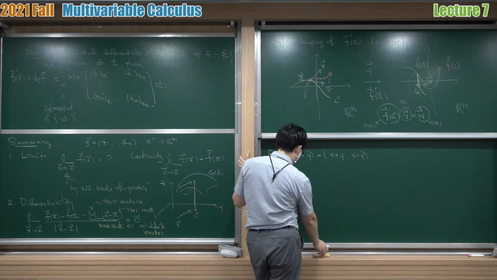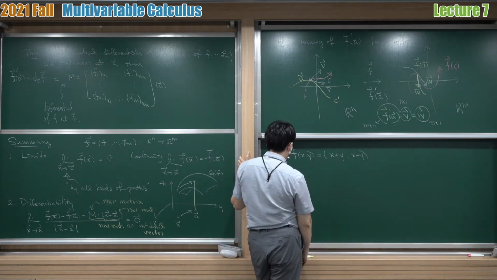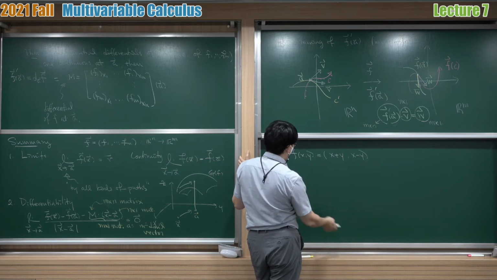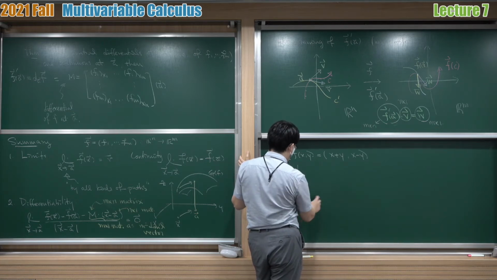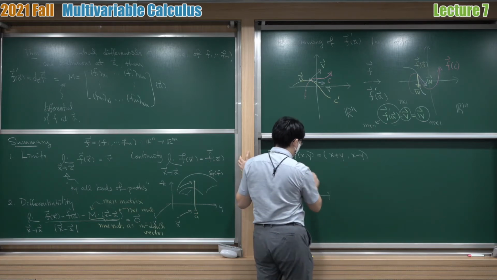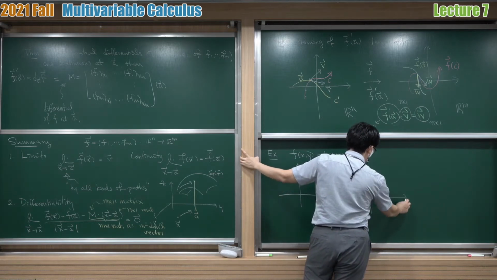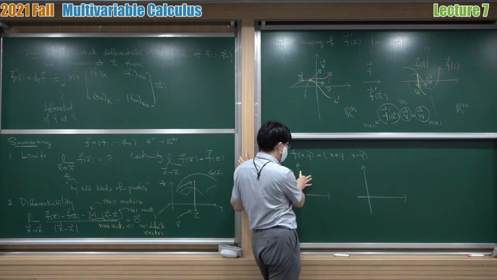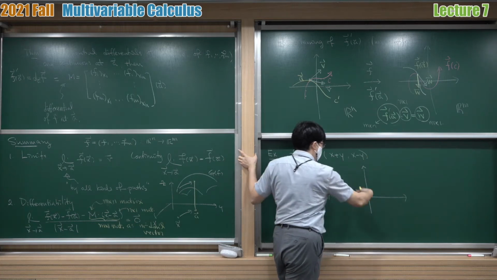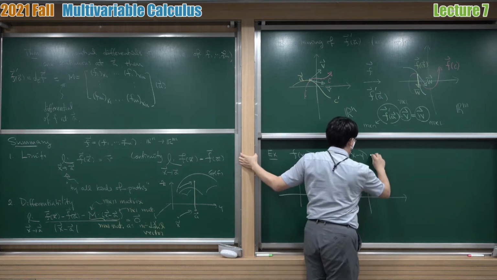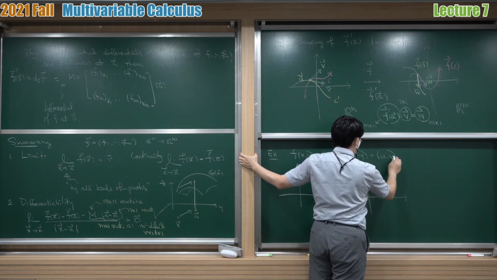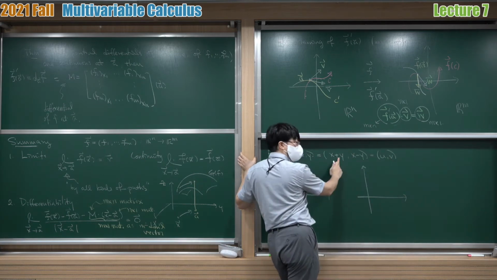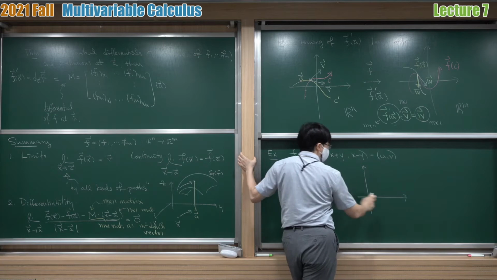If you understand what this function does, you can map the domain and target, and you can imagine how this function f transforms the xy plane to the uv plane. So let's say the first coordinate is u and the second coordinate is v.